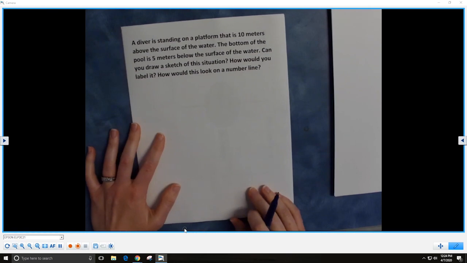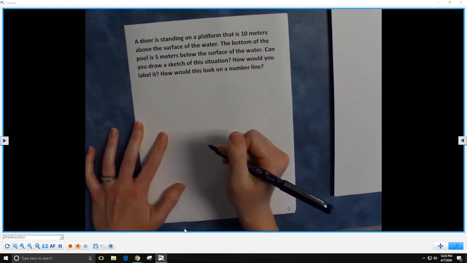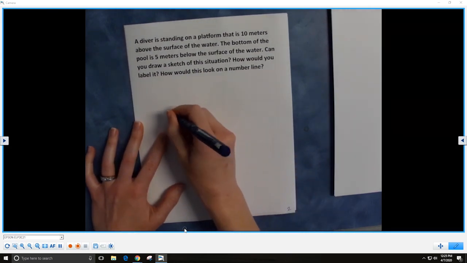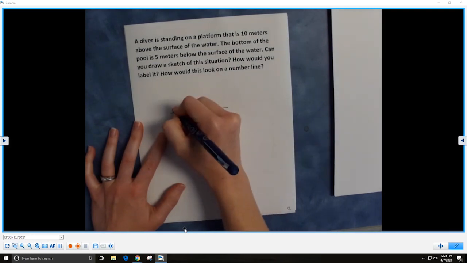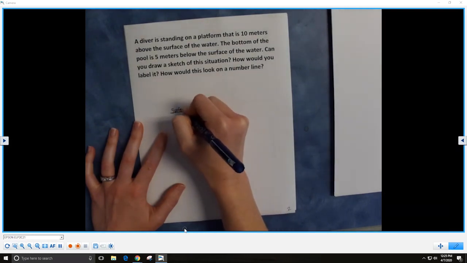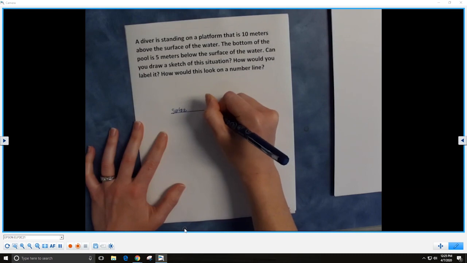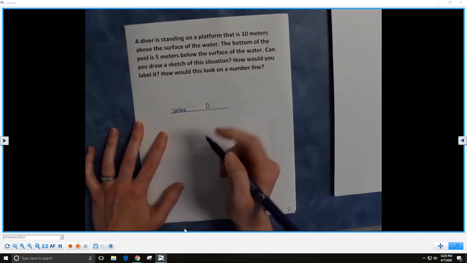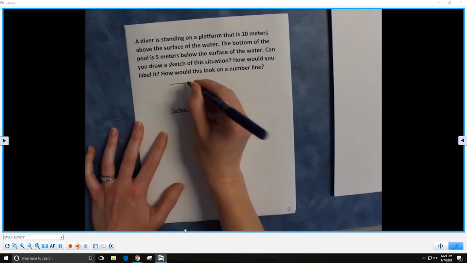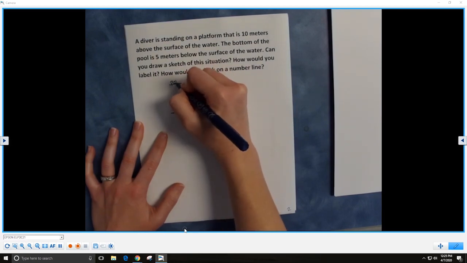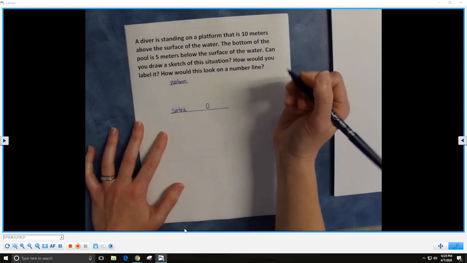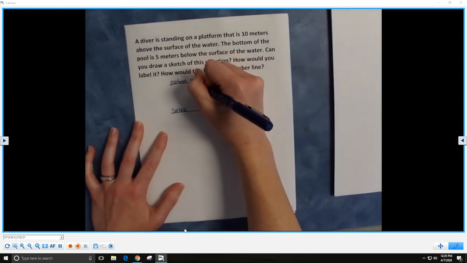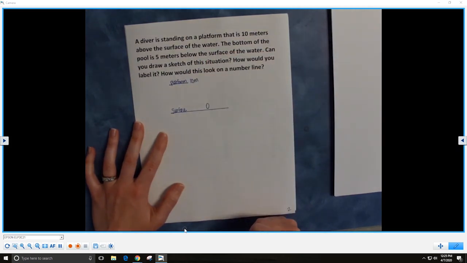Okay, so for my sketch, I'm going to start out with the surface of the water, and I'm going to call that 0. And then it says that there's a diver that's standing on a platform, so we'll draw our platform up here. And that platform is 10 meters above the surface of the water.